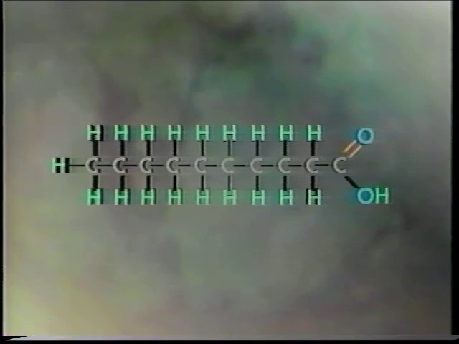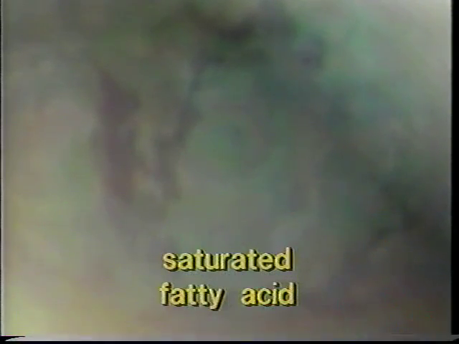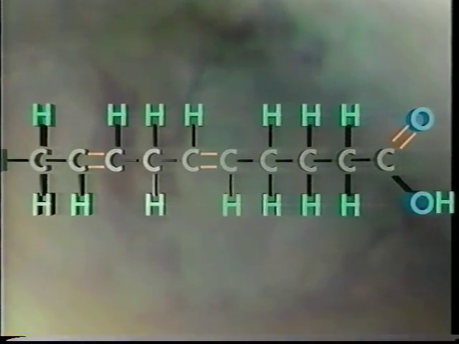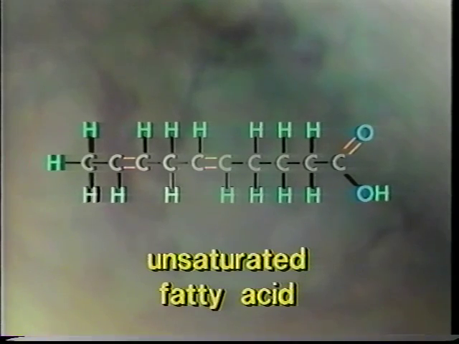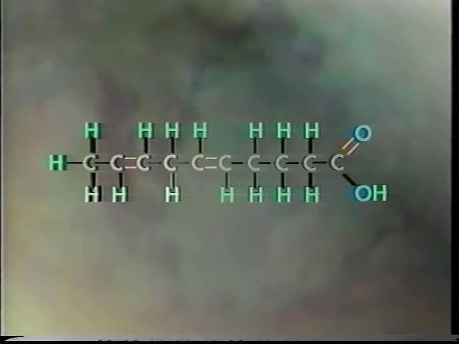Those fatty acids having all single covalent bonds are called saturated fatty acids. Other fatty acids contain double covalent bonds and are called unsaturated fatty acids. These unsaturated fats are more reactive, so they break down more easily. In contrast, saturated fats are less reactive and tend to deposit in the arteries.